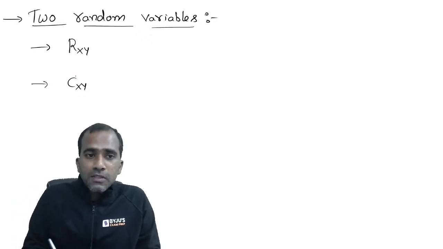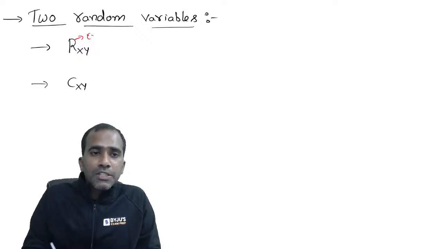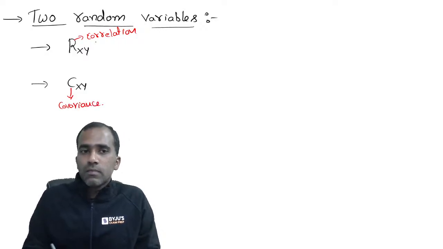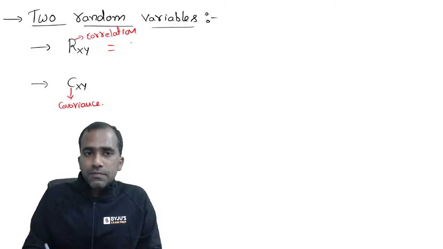There are two types of second order moments. One, we call it the correlation between two random variables. We represent it as R subscript xy, and another one is Cxy, which we call covariance. What is the meaning of this?